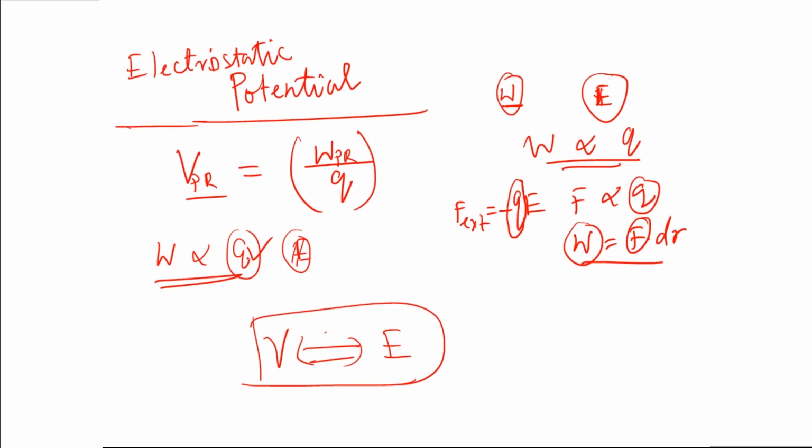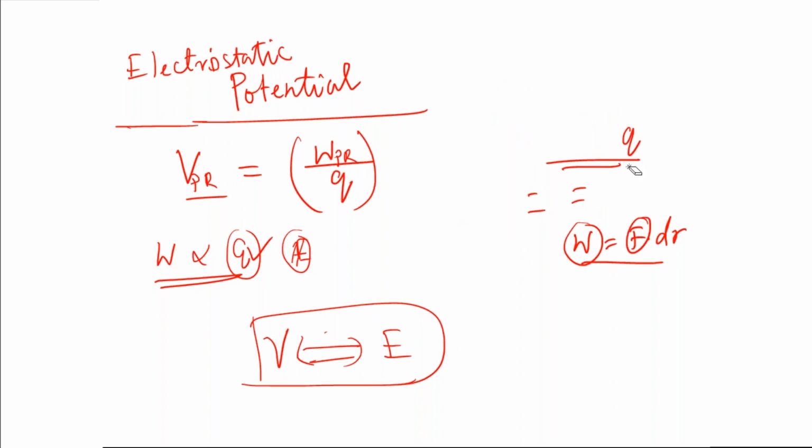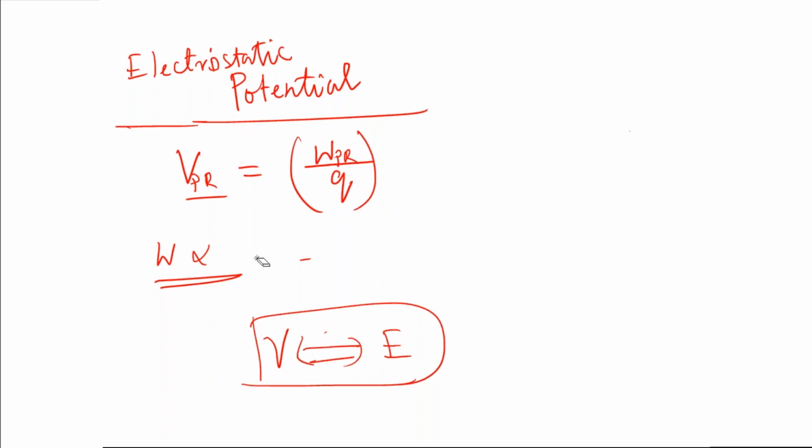I'll just repeat this concept. Why am I defining new quantities one after another? Once I define potential energy, then I am defining potential. You might be thinking, sir, is this so relevant for us to understand? Yes. Why?